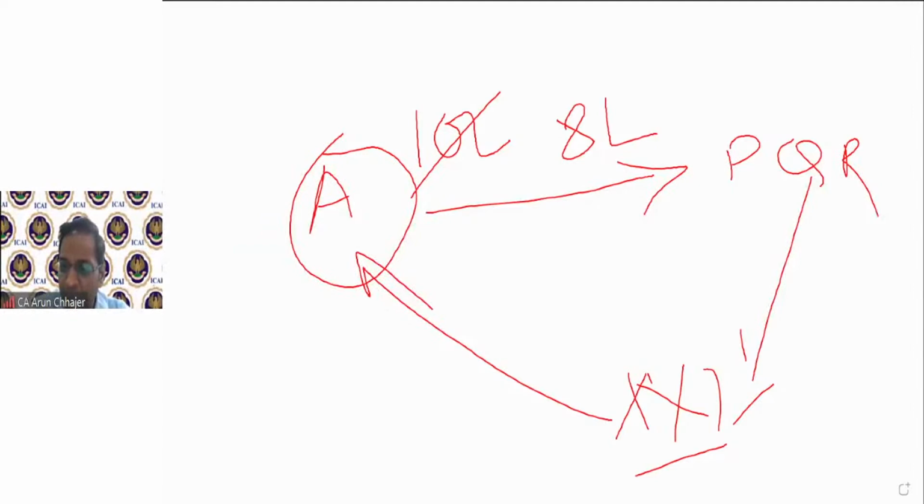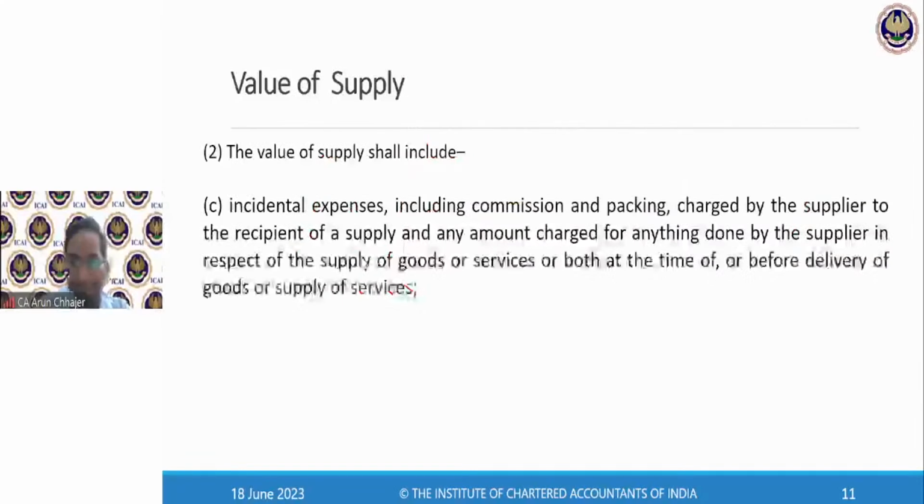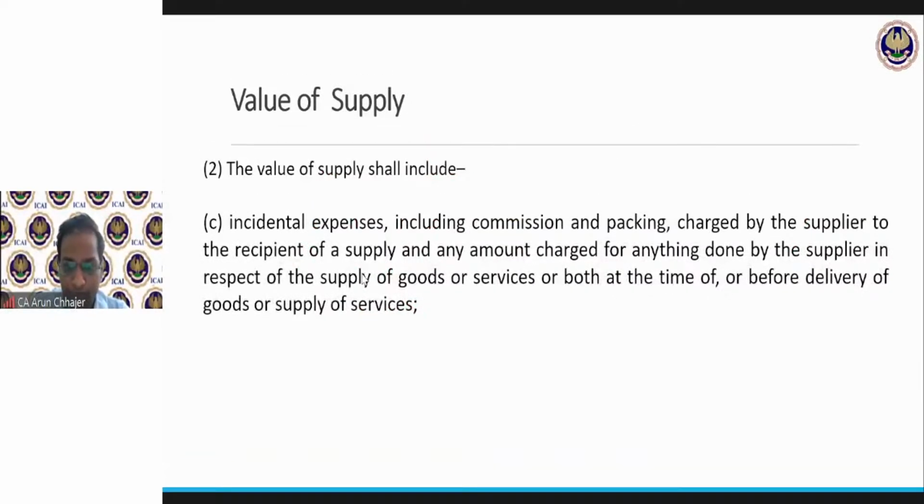If it is being reduced, then only we need to add. Clear? Fine. Thank you so much.